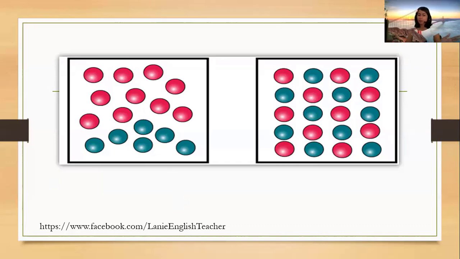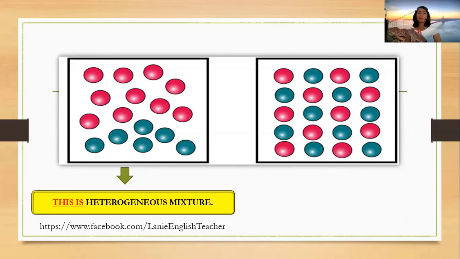So there are two substances being mixed together here, as represented by the red color and blue color. What do you think is this? Is it homogeneous or heterogeneous mixture? Right. This is heterogeneous mixture.